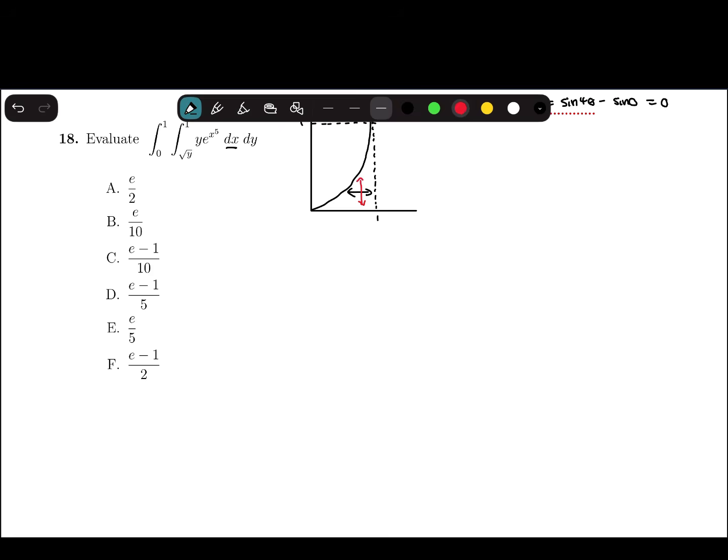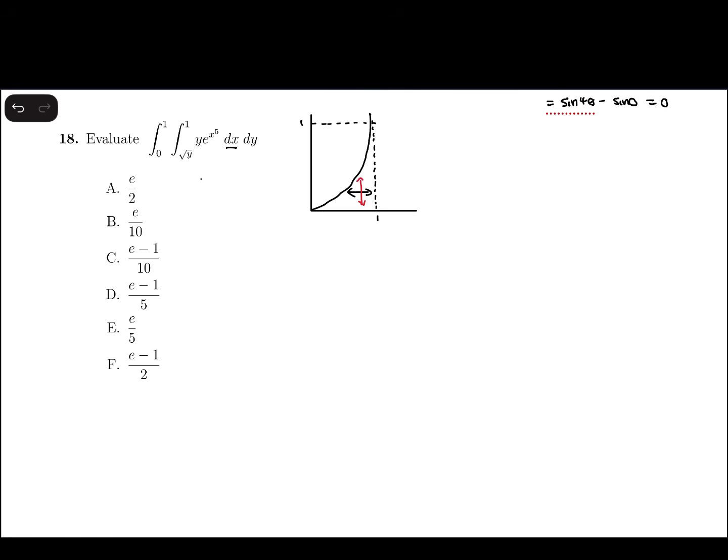If x is equal to the square root of y, then y is just equal to x squared. Amazing. So if we look at our graph here, now we see that y goes from 0 to x squared, and x simply just goes from 0 to 1.